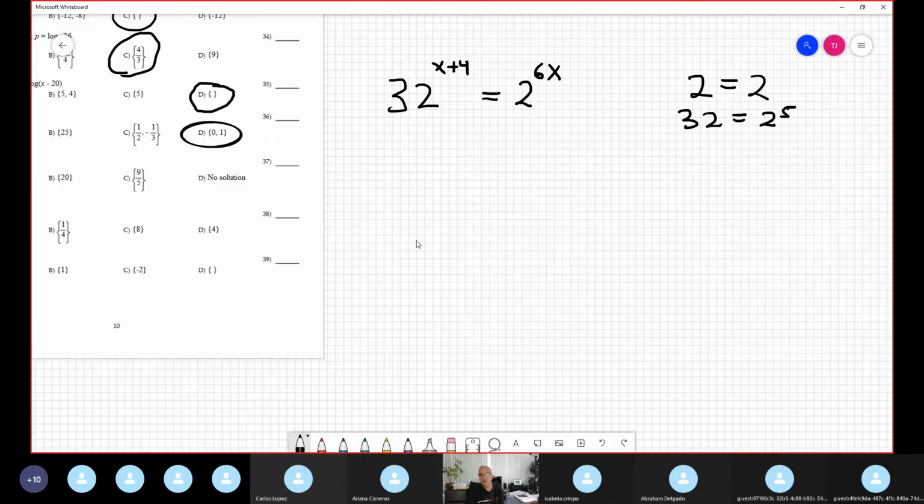You multiply 5 times 2, you get 32. And 2 to the 5th power raised to the x plus 4 is equal to 2 to the 6x.